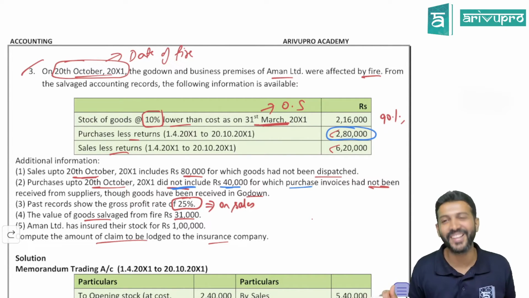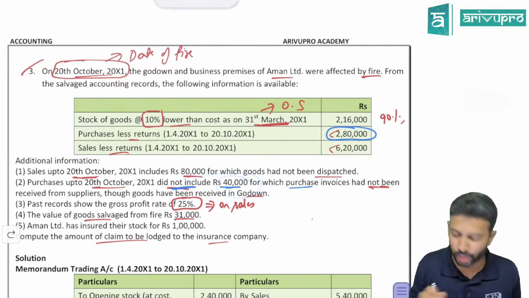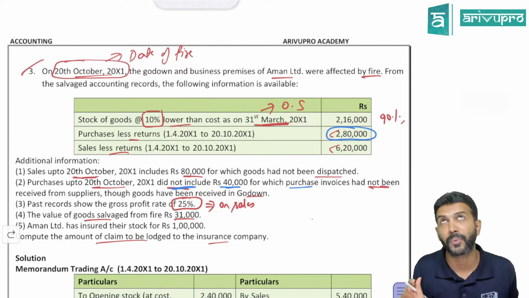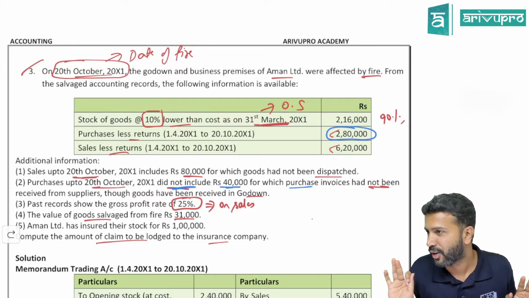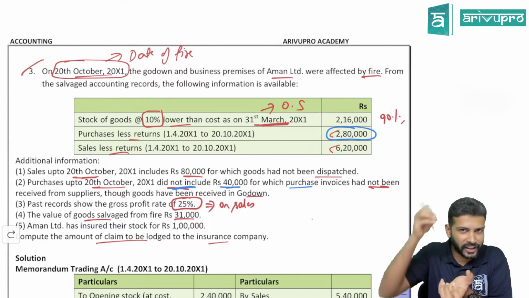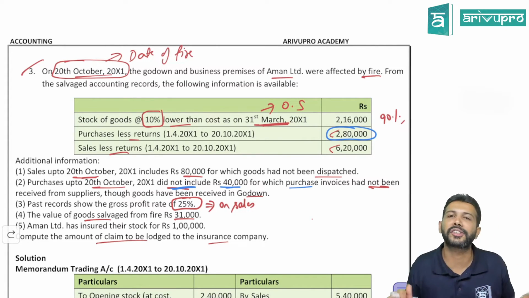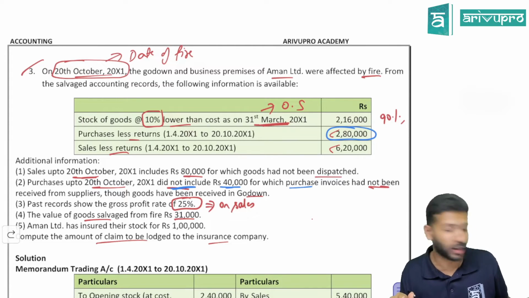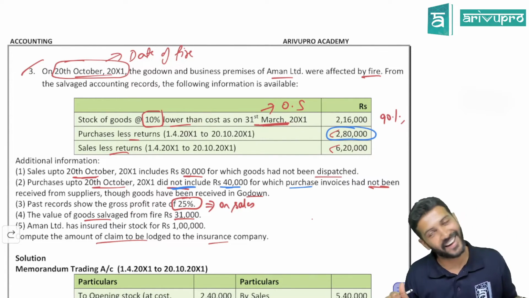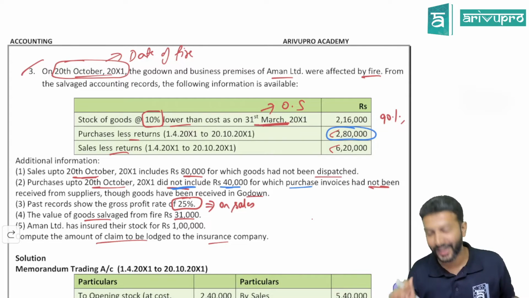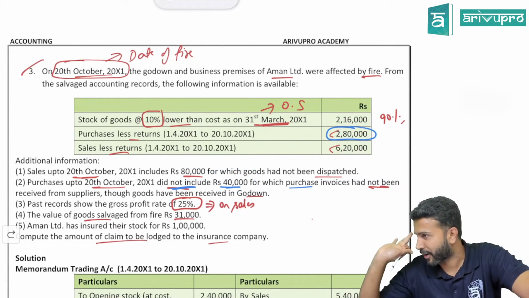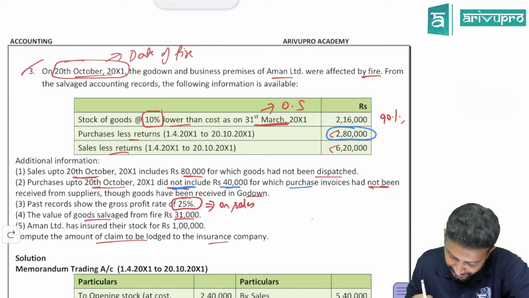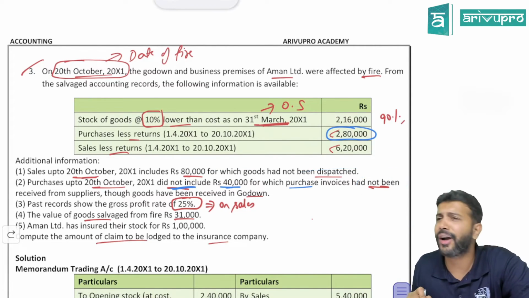Okay, the godown. So that means these goods, what happened? We took those goods, we kept them in our godown, but unfortunately our godown is on fire. All right. So what happened to these goods? Destroyed, correct? But the purchase invoice is not received.